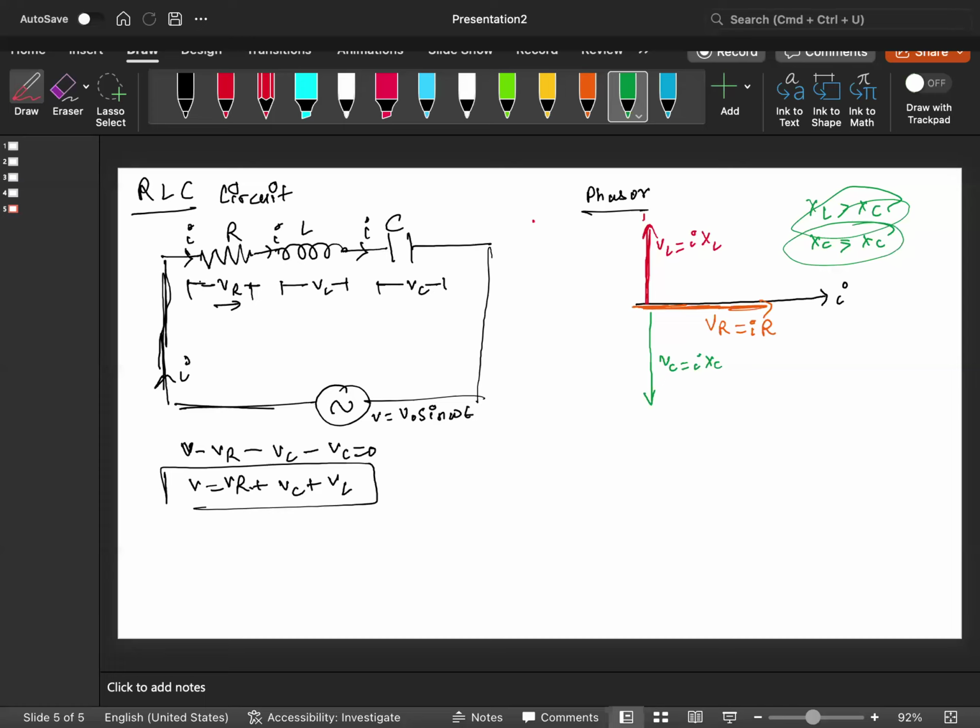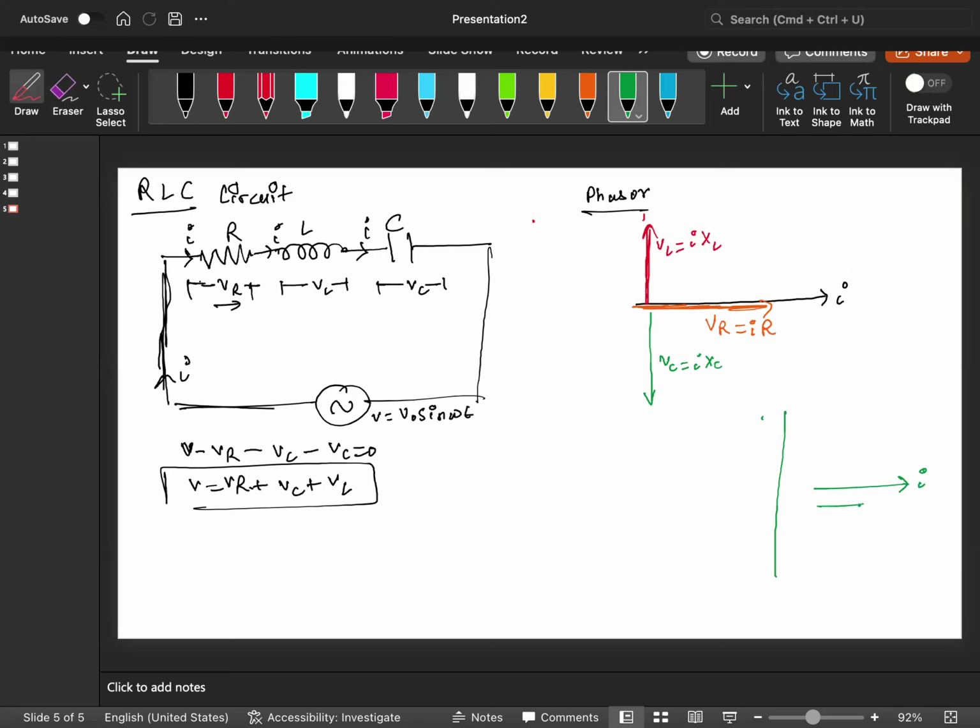I'm going to solve just the first case. You have to solve the other case. I'm going to divide it into two parts.